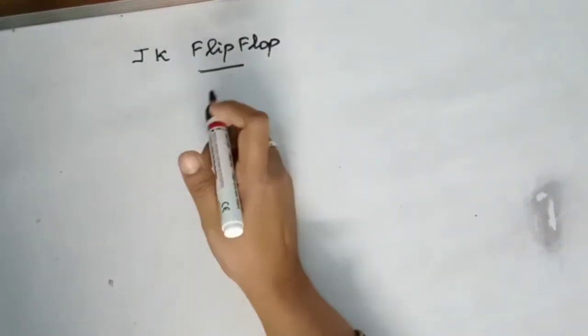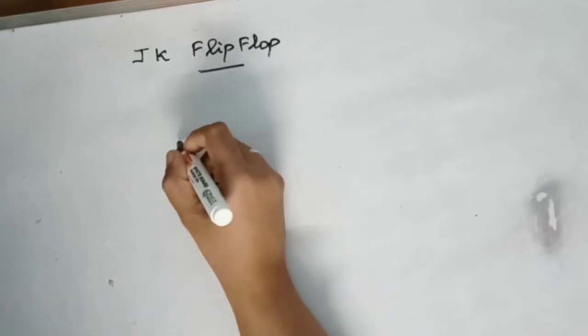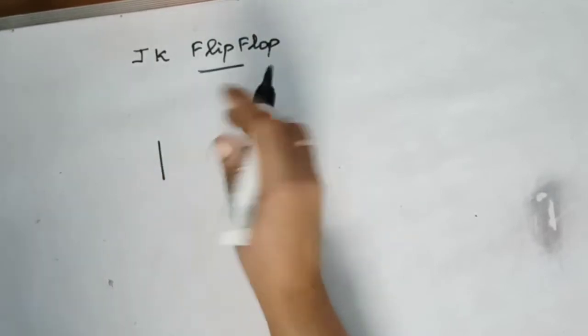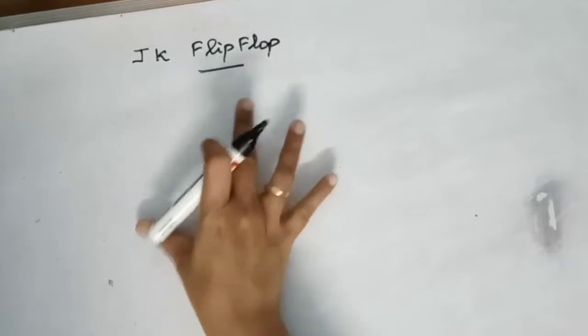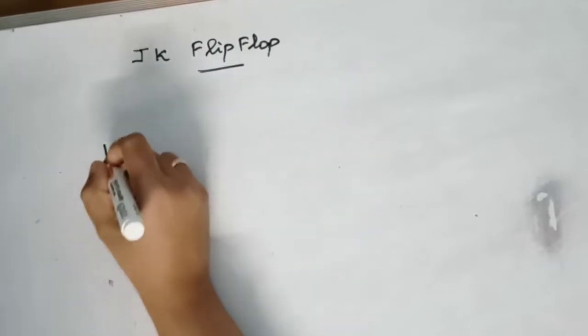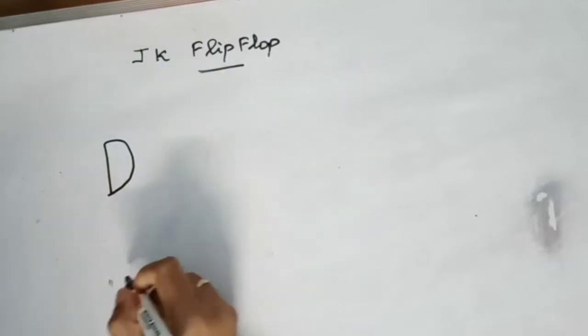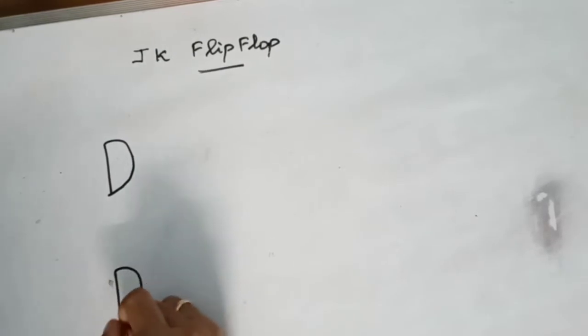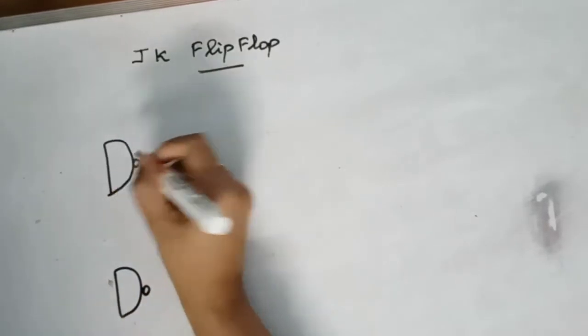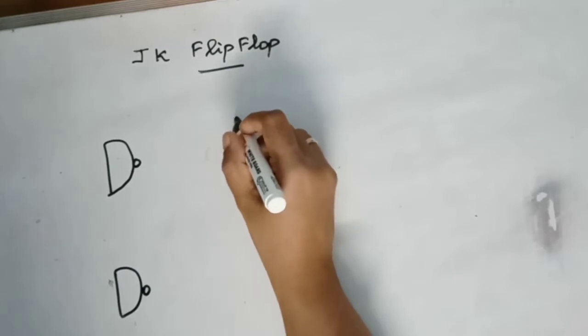The circuit of JK flip-flop is somewhat similar to that of SR flip-flop, but slightly different. Again you have 4 NAND gates, like in the case of SR flip-flop.